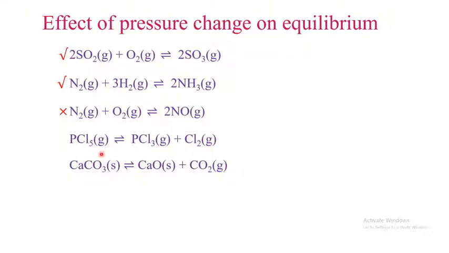Now, next reaction. Here also phosphorus pentachloride, phosphorus trichloride and chlorine are all in gaseous condition, all are gas. And here there is 1 mole reactant and a total of 2 moles product. So here also pressure has an effect on the equilibrium of this reaction.